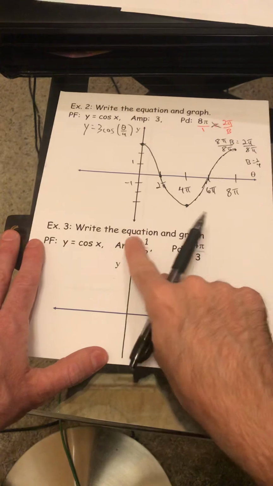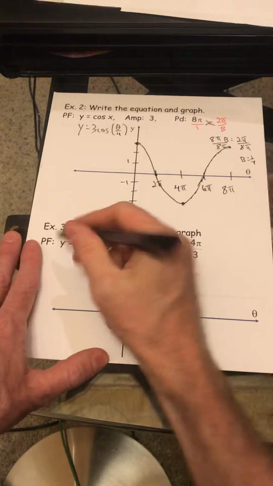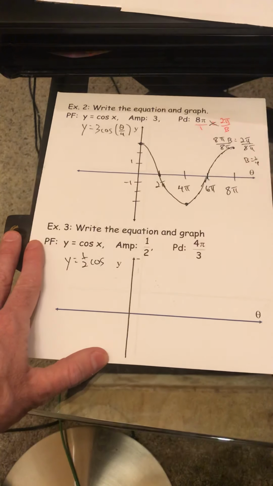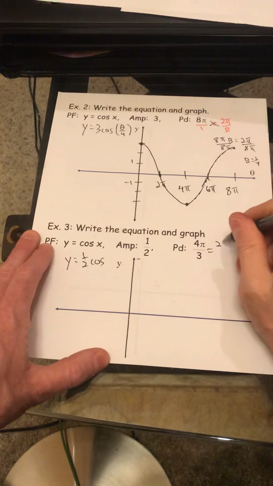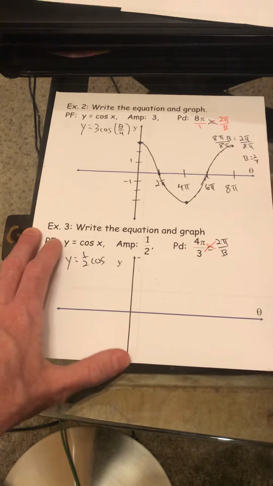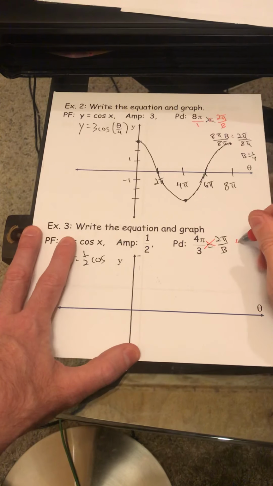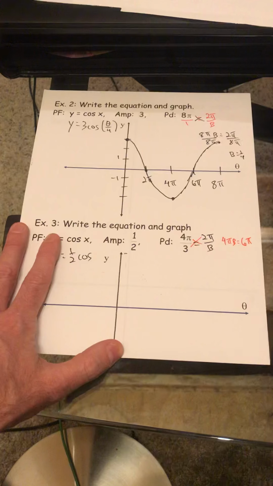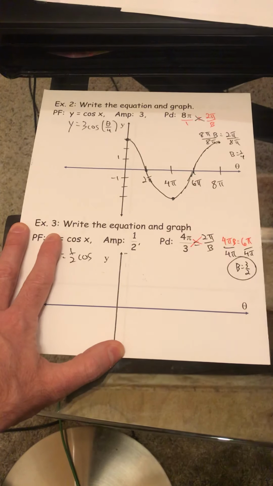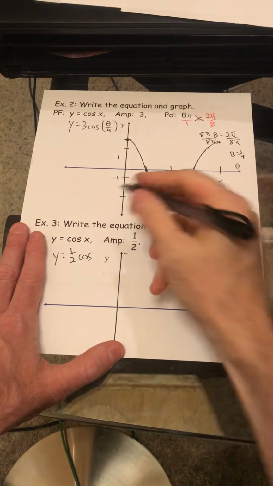So write the equation and graph. Y equals 1/2 cosine, and then period equals 2 pi over b. So 4 pi b equals 6 pi. And then when we divide, b is 3/2.